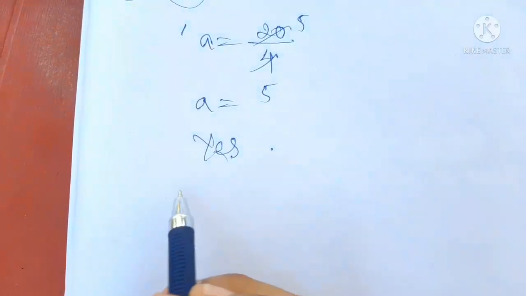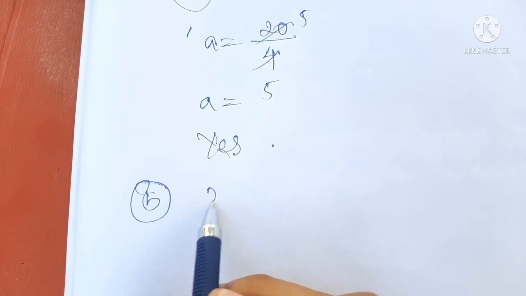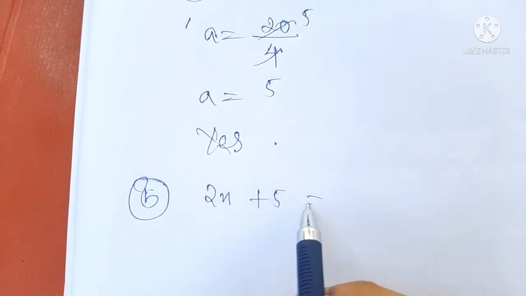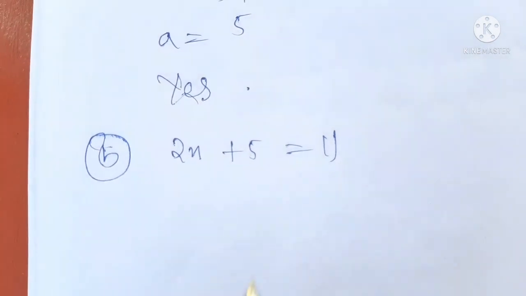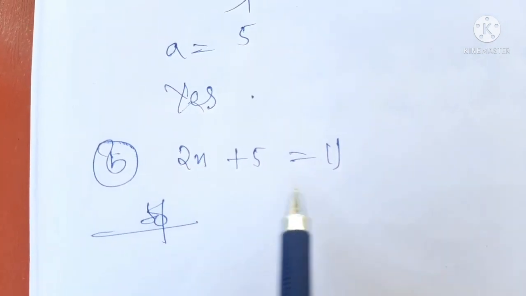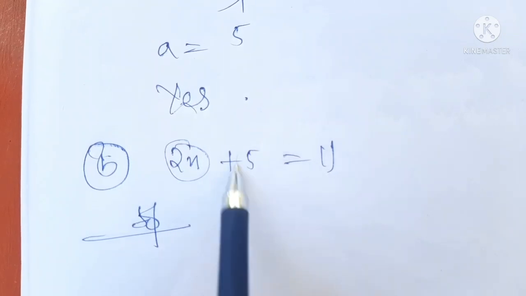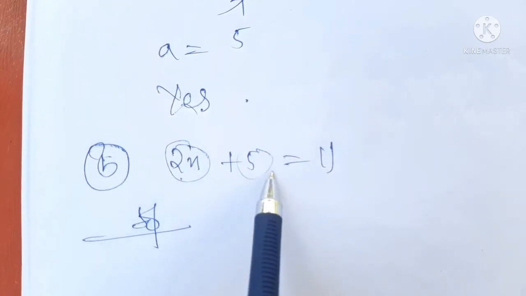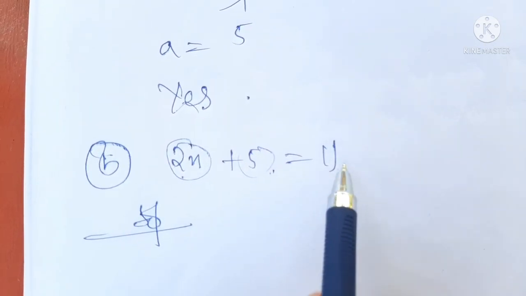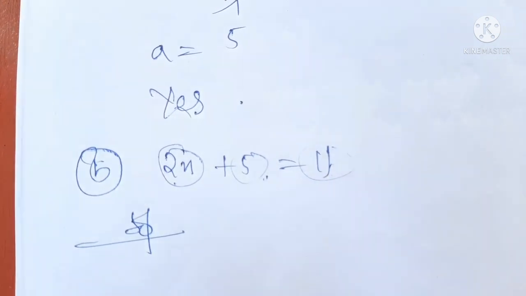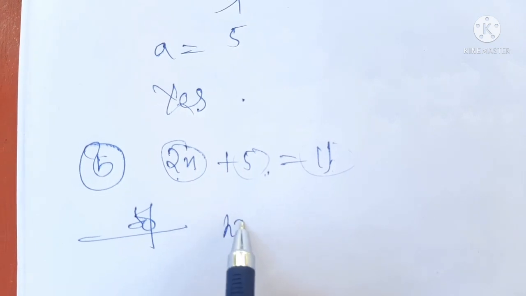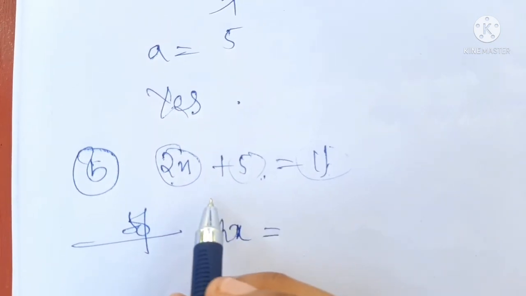Now here in question number B, let's check it out. 2x plus 5 equals 11. Here we got two terms, 2x plus 5, which means a variable and a constant term, right? On the right hand side, is this a variable or a constant term? Yes, this is a constant term. So here 2x, this 5 will transpose.